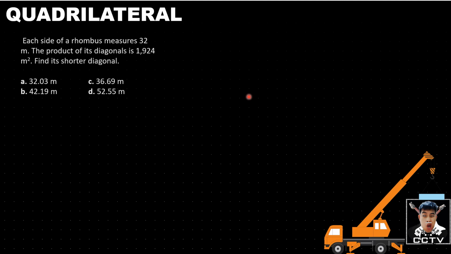Each side of a rhombus measures 32 meters. The product of its diagonals is 1,924 square meters. We are asked to find the shorter diagonal. Of course, with the rhombus leaning to the right, the shorter diagonal is this one. Common sense: this is D1, and half of our diagonal is D1 over 2.